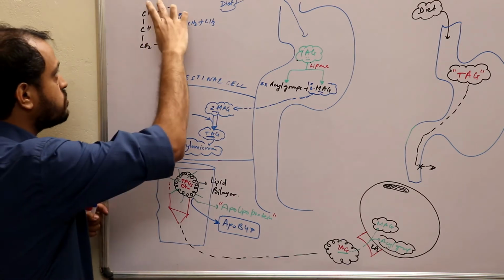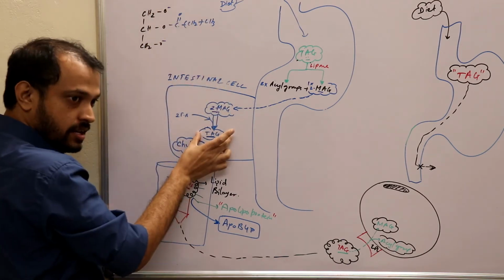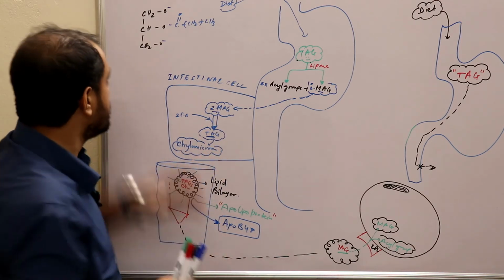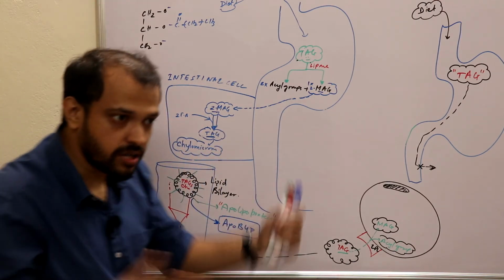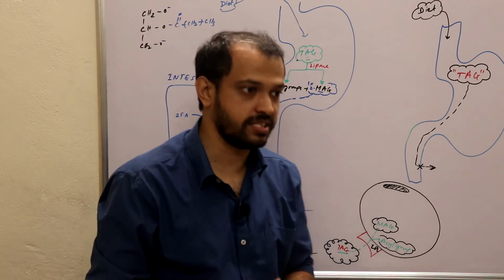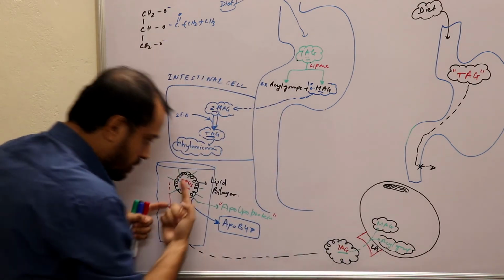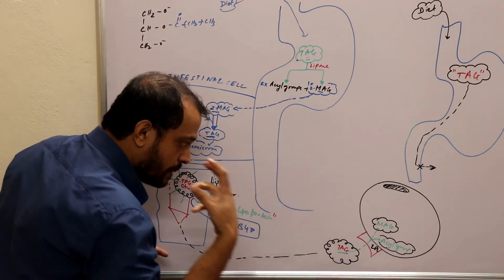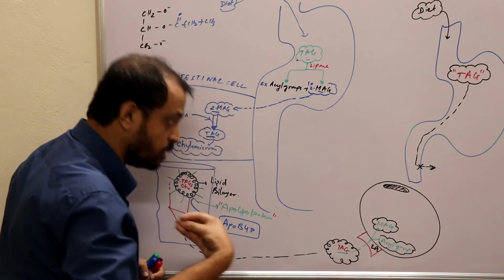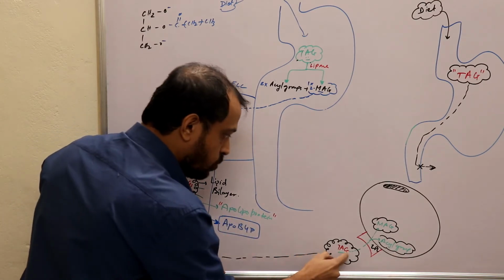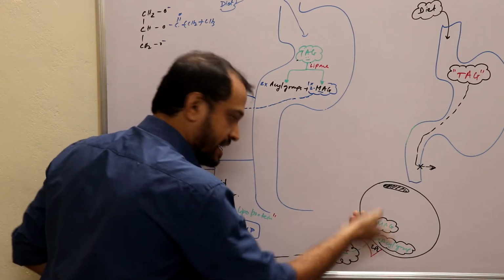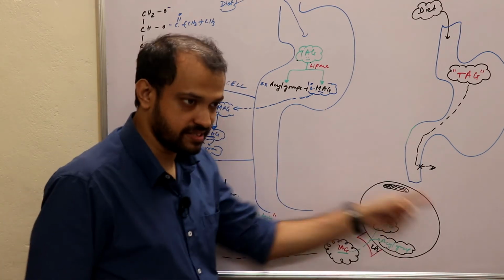So we convert this into TAG, so that we can pack TAG and cholesterol together so that they won't interact with each other. Our body has made a beautiful system using which we can convert that TAG into MAG again. We need this MAG in these cells.